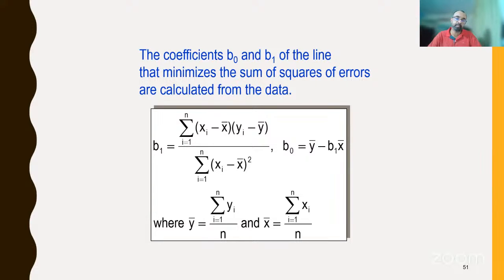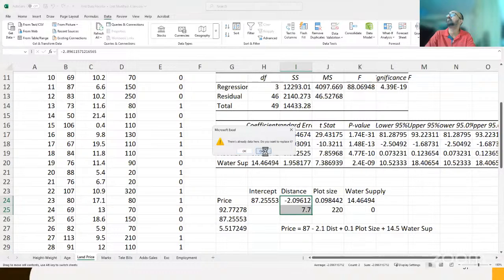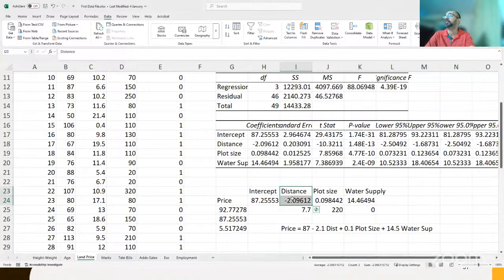Of course, we will have to discuss or interpret the answer that you get. So I in a way interpreted what we got here. That is the same kind of thing that you would also have to do, right? By looking at the coefficients here, you have to talk about what they mean, like there's a negative relationship with the distance, and every kilometer that the plot is away from the town center, the price will drop by 2.